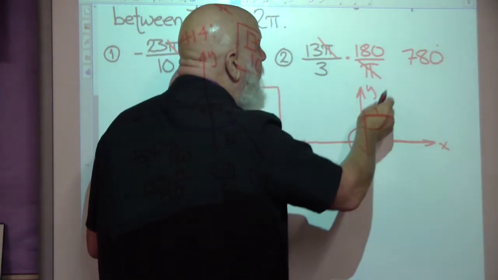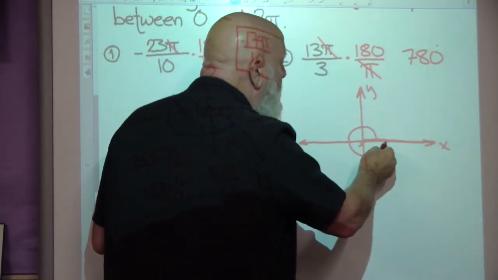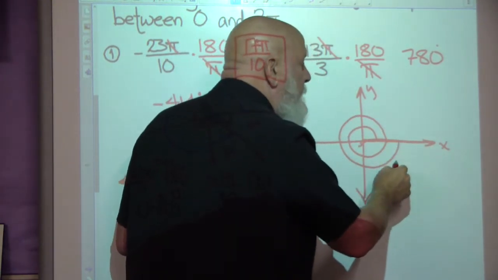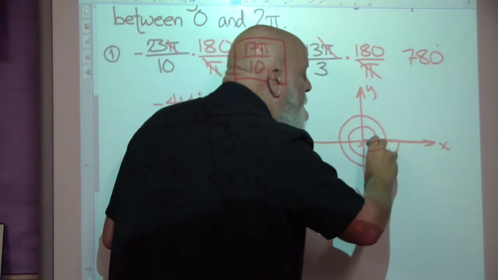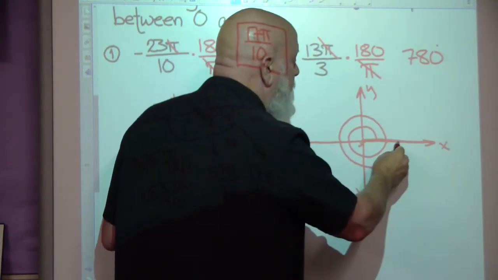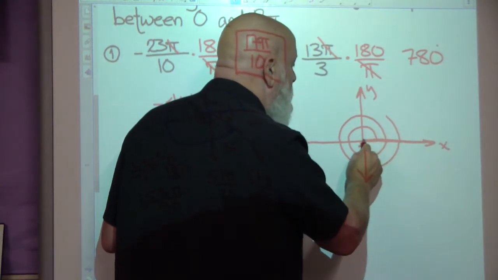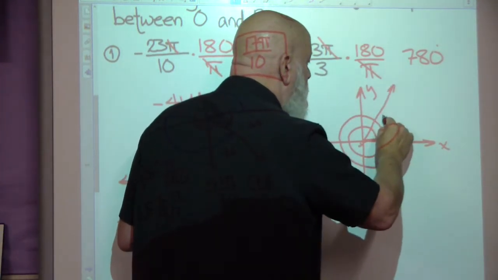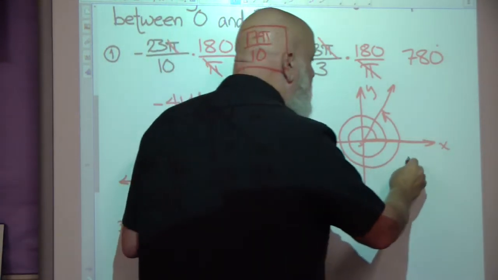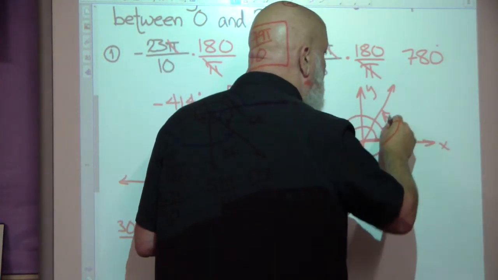I'm looking for 780. Well, 360, if I go around again and stop in the same place, now I've rotated 720. I've got 60 more degrees to go. So there is approximately 780 degrees right here.